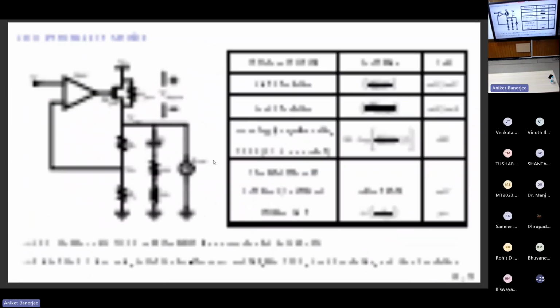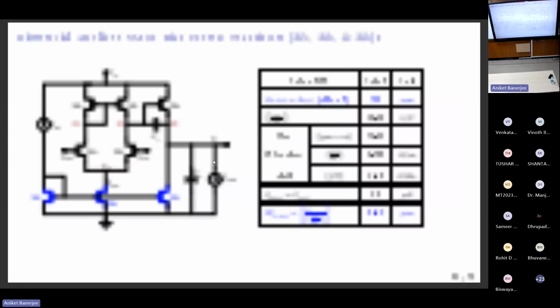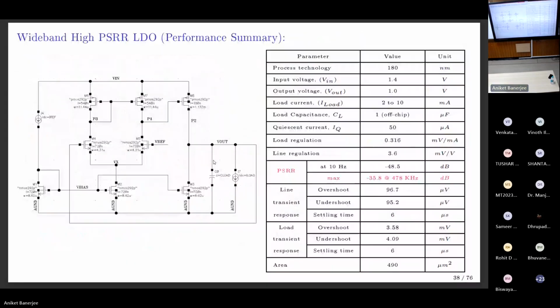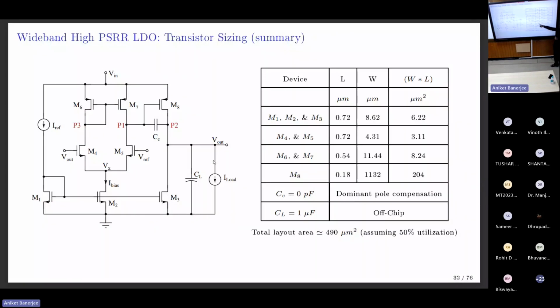In our examples, we always used a fixed L for the MOSFET, 0.54 for the PMOS and 0.72 for the NMOS, and we have checked other combinations also. If we work with the tech plots generated for these and then plug in the WLs, we get the performance figure. So it is robust against changes in length.